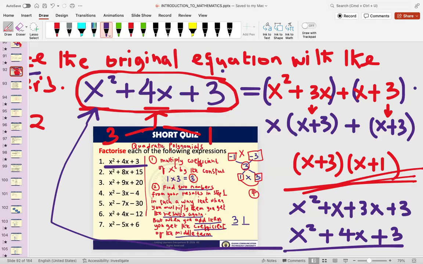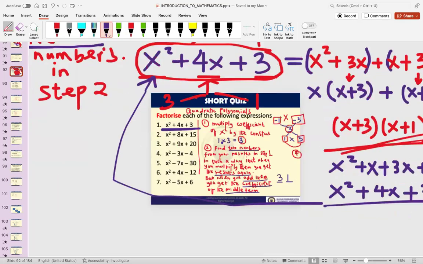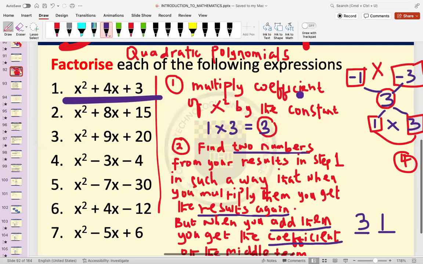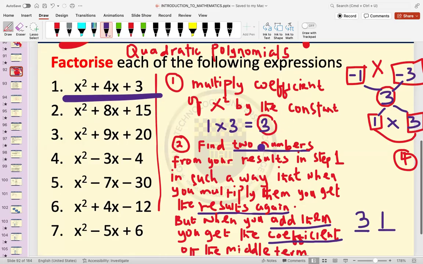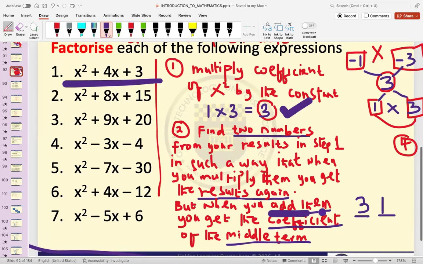And that is what we have done with the 3 steps we have learned today. Step number 1, multiply the coefficient of x squared by the constant. Then after that, look at the results, get 2 numbers which, when you multiply, you get the results, but when you add them, you get the coefficient of the middle term, like we did here.